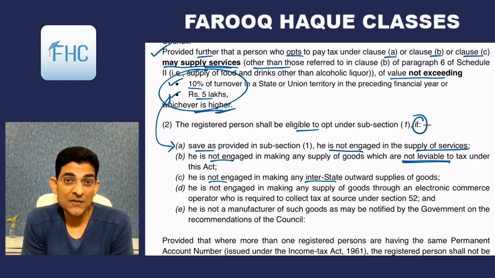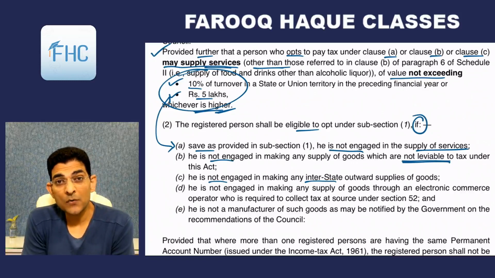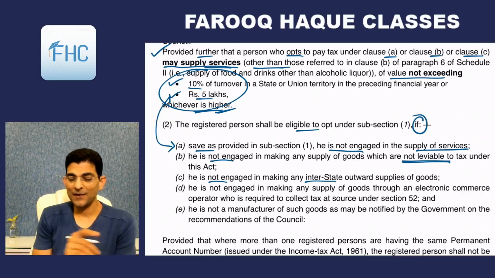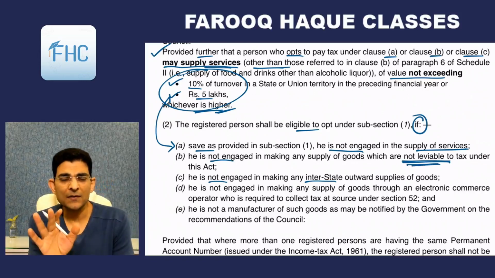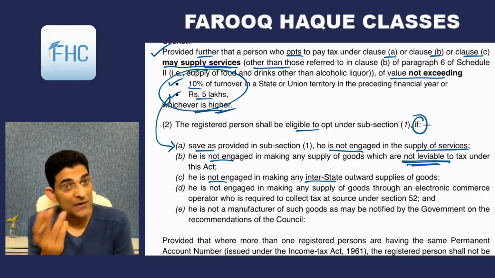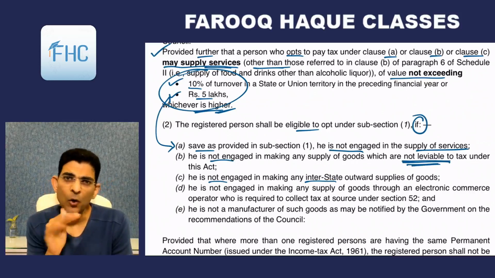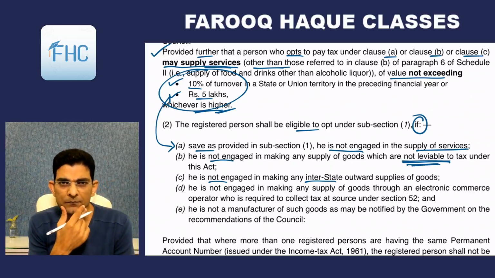Answer is yes. You are allowed to supply exempt goods, that is fine. But you are not allowed to supply goods which are not leviable. So hence this word not leviable is important. Exempt is fine. If you are supplying exempt as well as taxable goods, that is fine. You can opt for composition scheme.